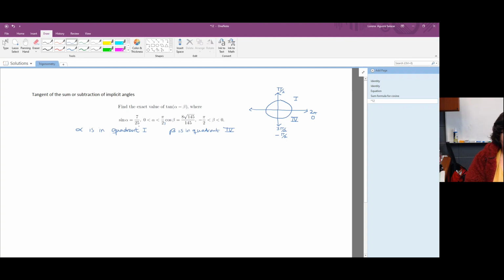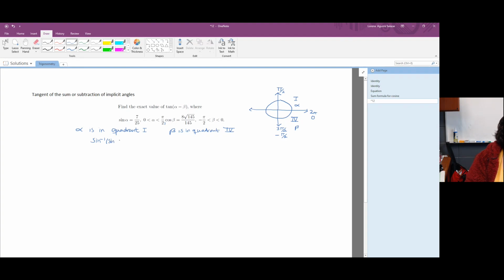Okay. So somewhere here we have alpha, and somewhere here we have beta. Because alpha is in quadrant 1, we can say that alpha is definitely the inverse sine of 7 over 25. That comes from applying inverse sine to both sides of the equation.